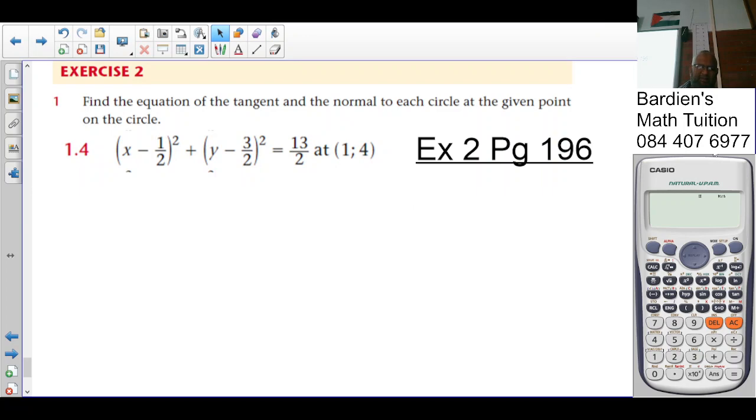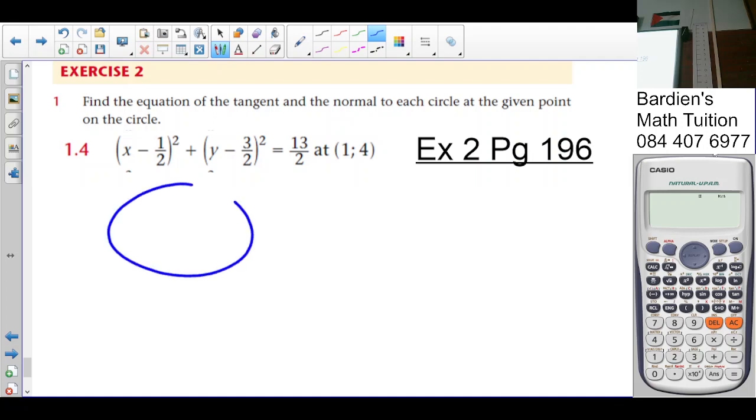If we look at this here, we have a circle. The center of the circle is (1/2, 3/2). And the point of contact is at (1, 4).